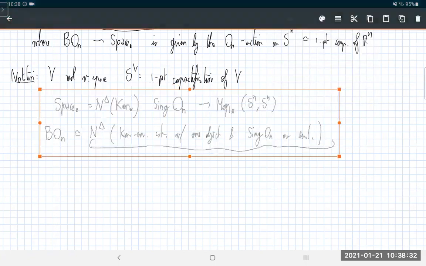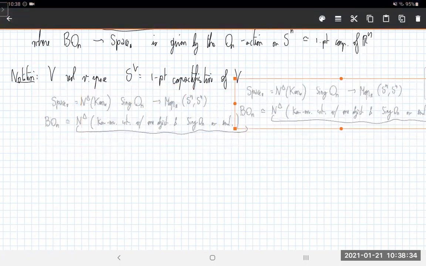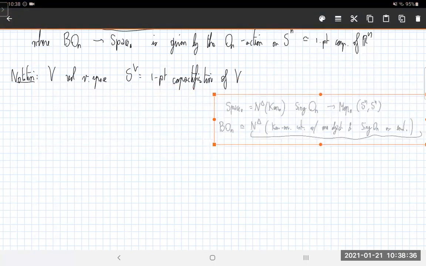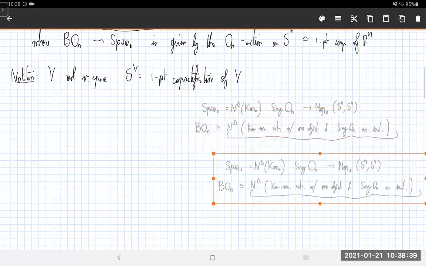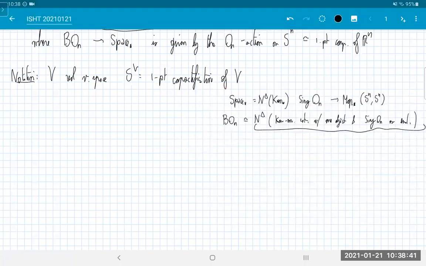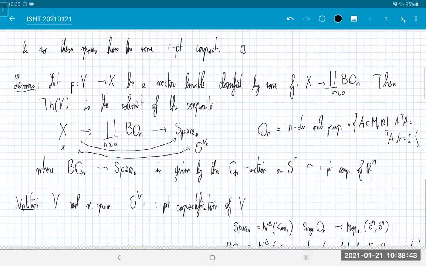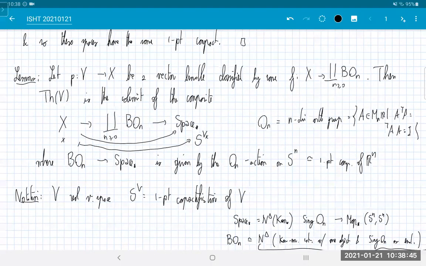So let me decrease the size of this thing and put it somewhere. I don't have a good place to put it. But I want to go back here and try to give you a reason why you should believe this. How do you compute colimits in pointed spaces? You compute the colimit in spaces, then you get the colimit indexed by the constant functor at the base point, and you have to collapse it.